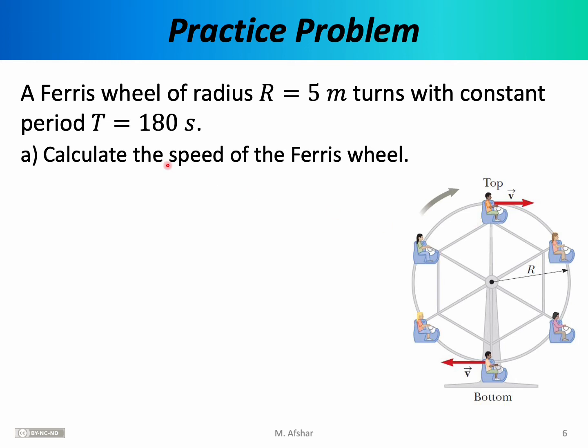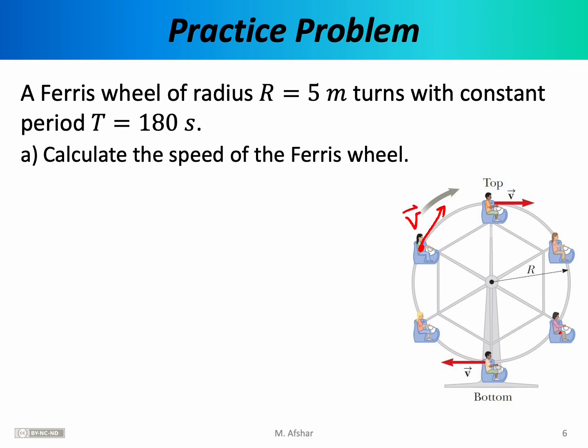Given this information, we want to calculate the speed of the Ferris wheel. The velocity of each one of these passengers is going to be different, but each is going to have the same speed. Notice that the velocity vector of the top passenger is pointing to the right. It's tangent to the circle. If we were talking about this passenger here, the velocity of this passenger would be tangent to the circle as well, pointing like so.